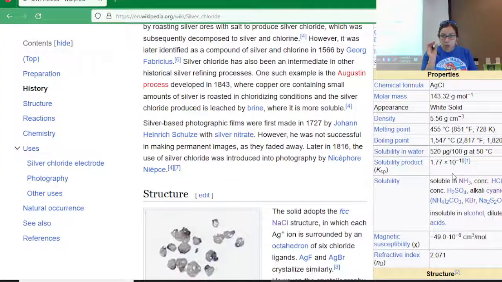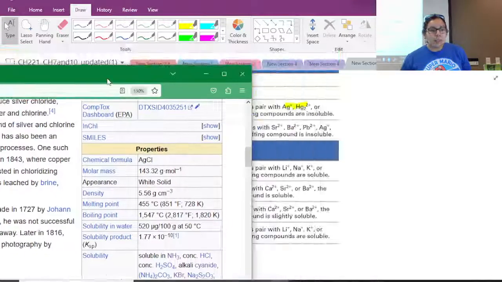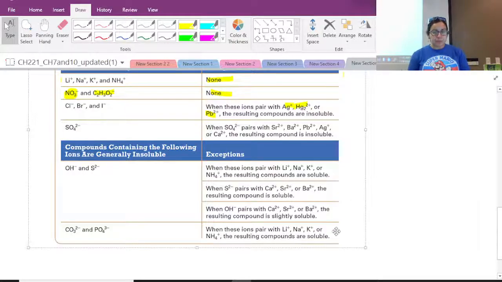Yes, there's a small amount in solution, but when we overwhelmed it, like in this reaction, it starts crashing out. That's where you get the discrepancies in the rules and why it says slightly or somewhat soluble.